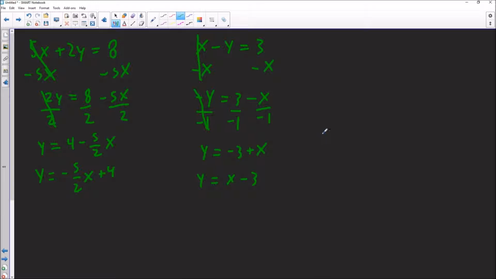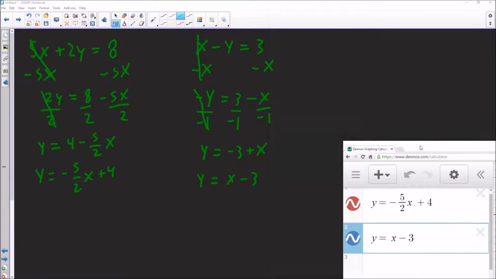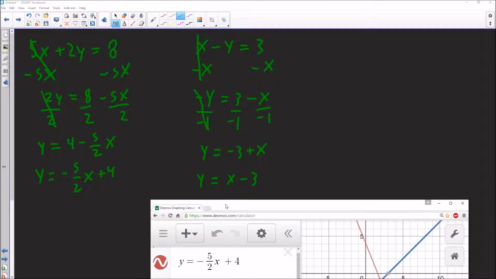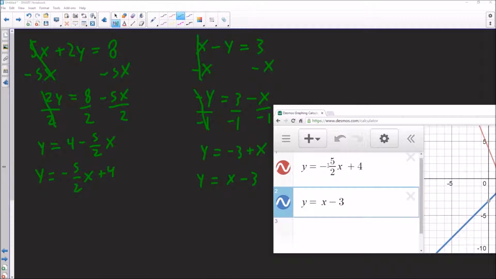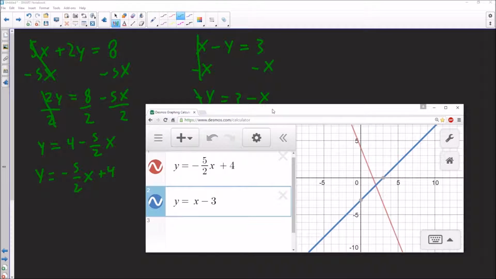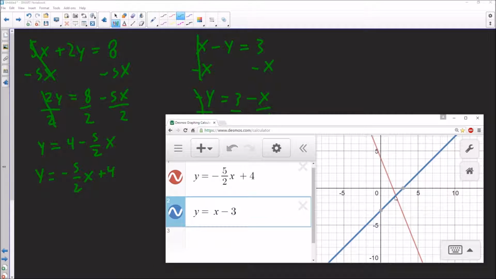So we could plot these on a grid, or what I did is I just plotted them on an online graphing tool. As you can see, I have the two equations, y is equal to negative 5 over 2 x plus 4, and y is equal to x minus 3. And when I graph them, I see that there's a point where they cross right at 2, negative 1.